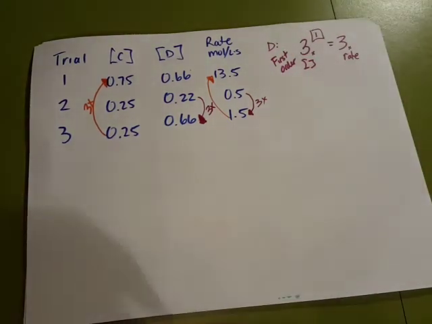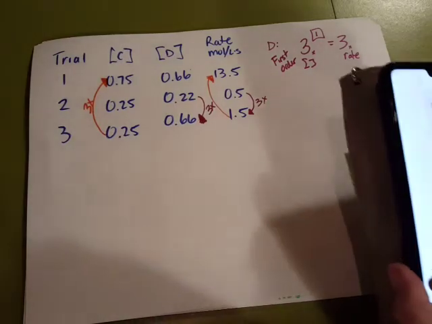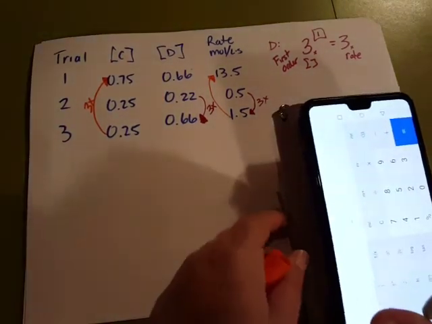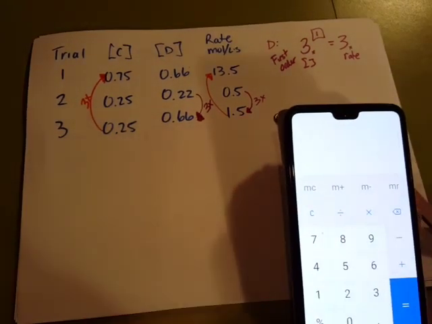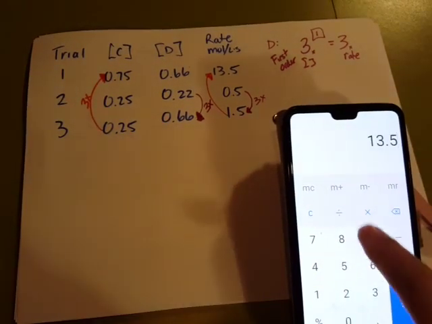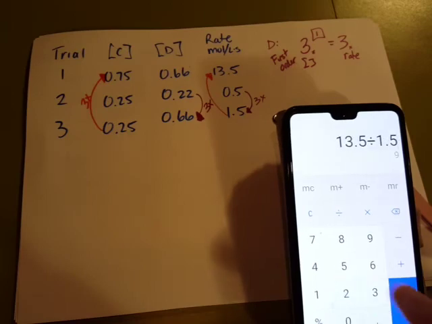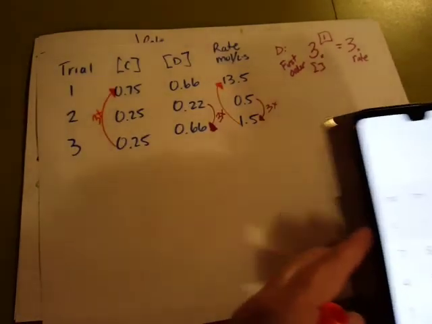So if you did 13.5 divided by 1.5. Maybe you knew that already. It's 9.